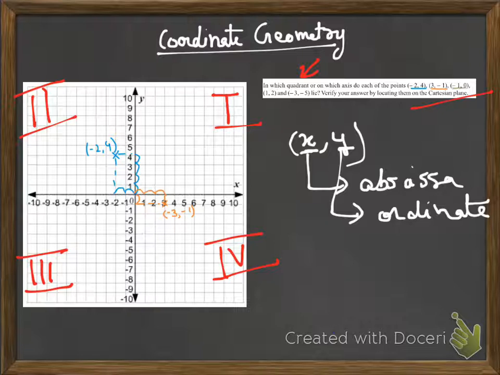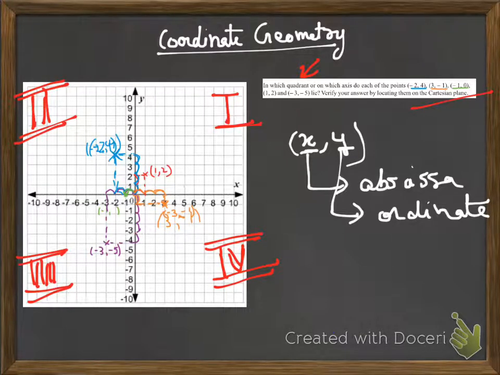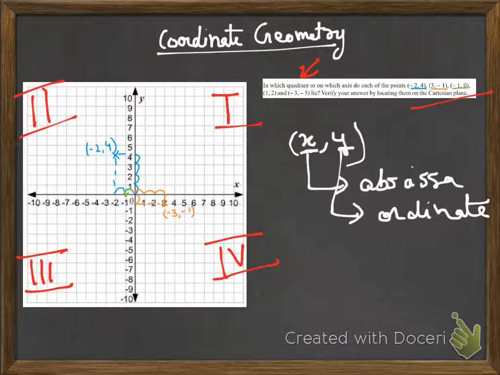We identify -1 on the x-axis, while on the y-axis we go nowhere because it's 0, so there is no movement, and the point is here, which is (-1, 0).